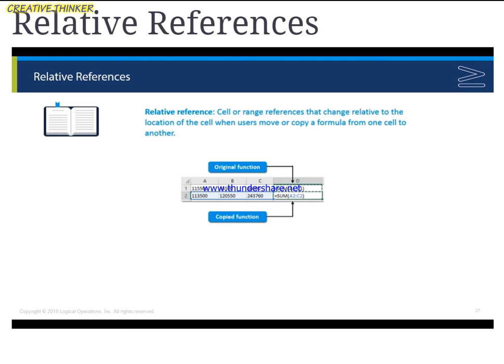It's smart enough to just say, okay, well, it was relative. All it really meant wasn't specifically A1 to C1. It just meant the three cells to the left of this cell. That's what we were adding. So Excel sees that, and when you copy the function, it modifies it, so it will still be adding the three cells to the left of this cell. Okay? In this case, it's just a different three cells.